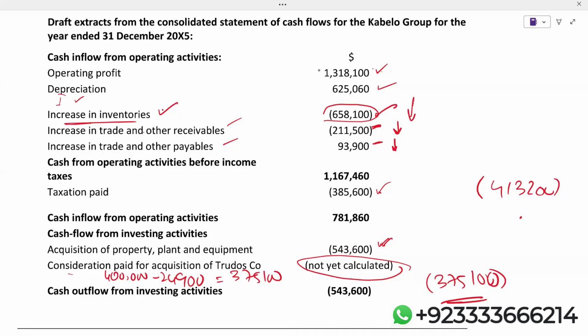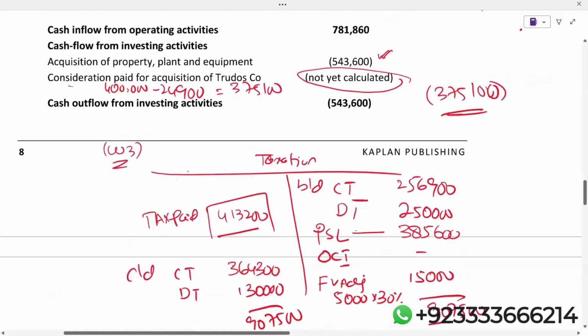Right now, what has happened is the examiner has just taken the difference between opening and closing balances, and by looking at this information, we have already decided closing inventory is more than the opening. Again, the closing receivable is more than the opening, and the closing payable is more than opening. And during the year, we have acquired a subsidiary, and we have to exclude their impact from the closing balances. When I'm going to exclude the impact from the closing balances, whatever values the examiner has given me will logically reduce. Keep that in your mind.